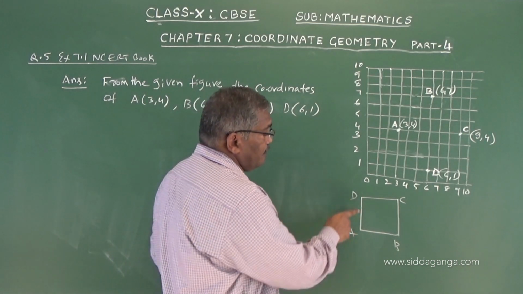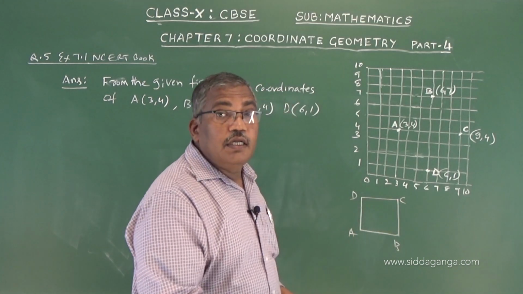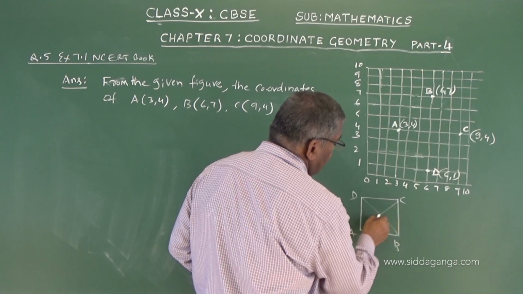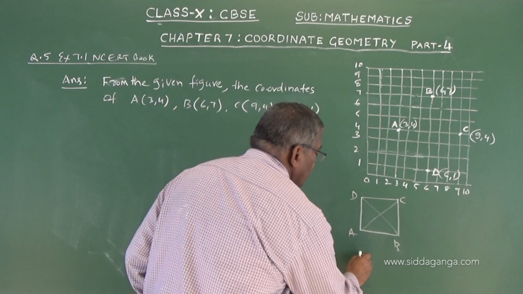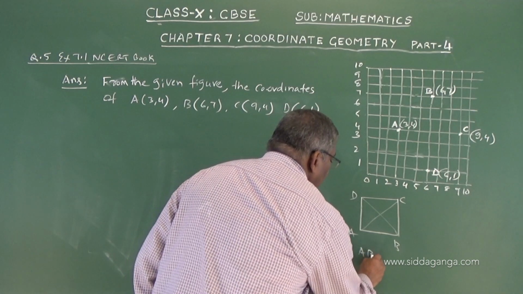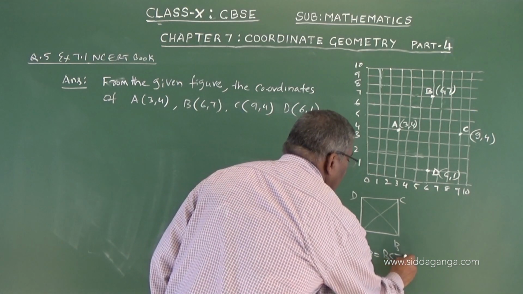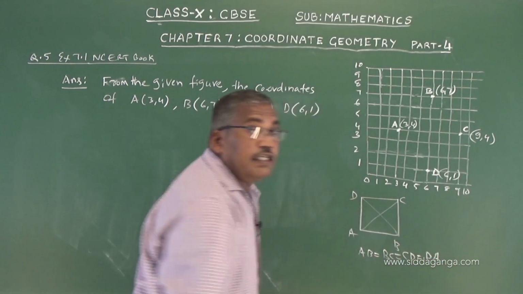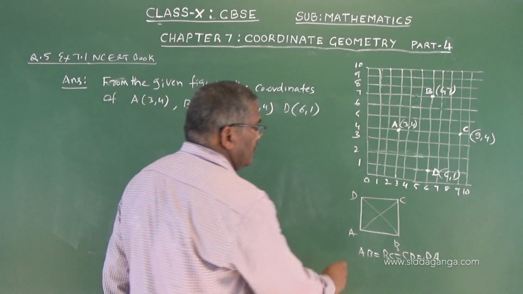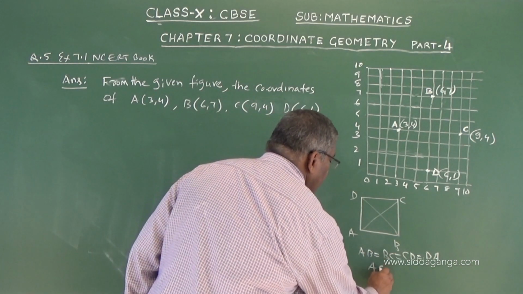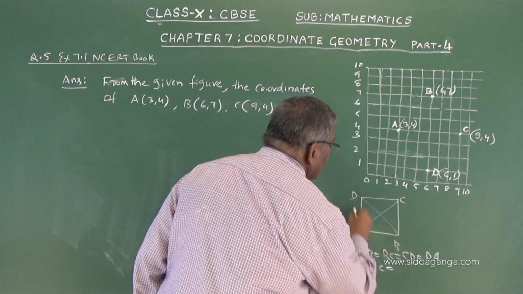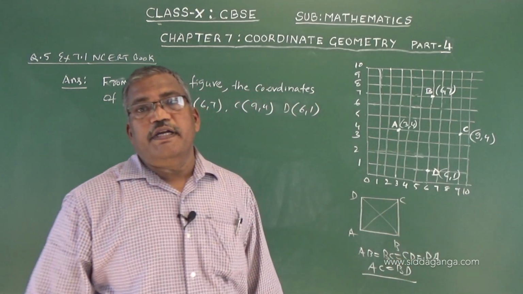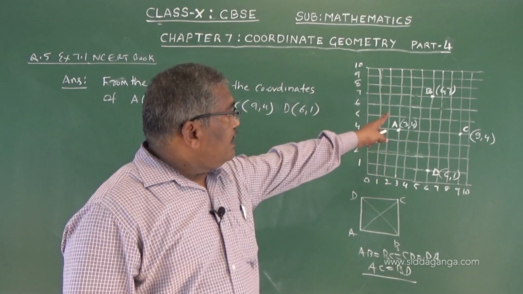In the case of a rhombus, the diagonals will not be equal, but in a square the diagonals will also be equal. So all 4 sides equal, that is AB equals BC equals CD equals DA, is one condition. Another condition is the diagonals are equal, AC must be equal to BD. If these two conditions are satisfied, we can say this is a square.